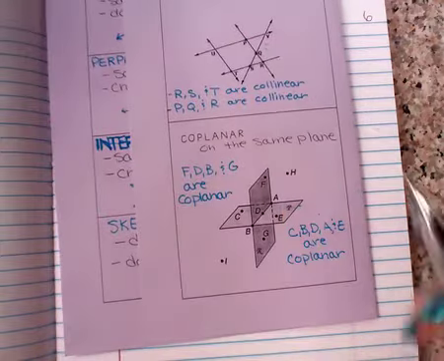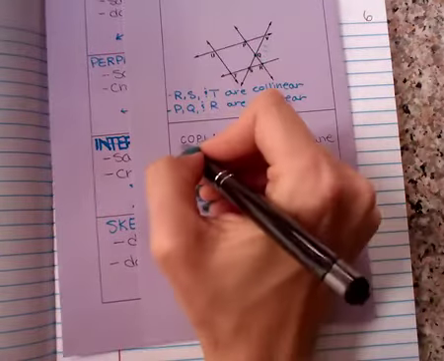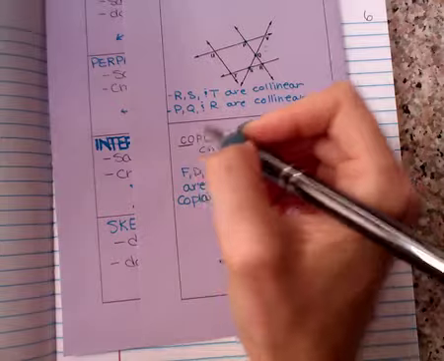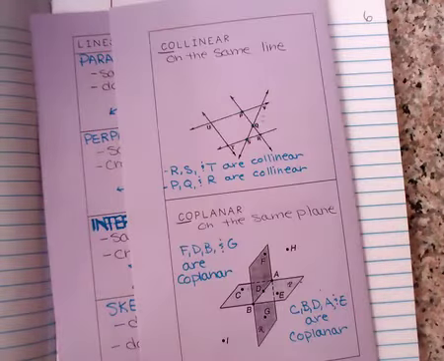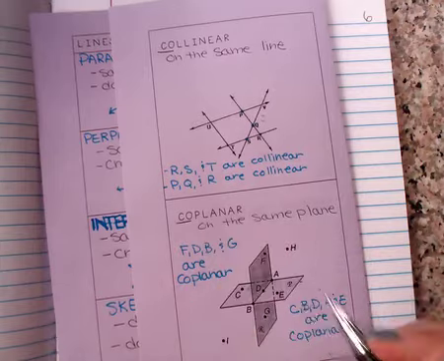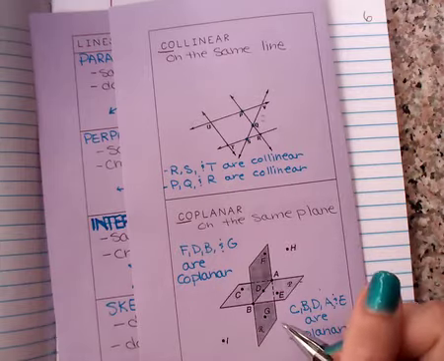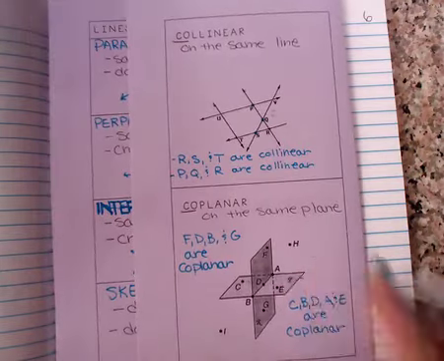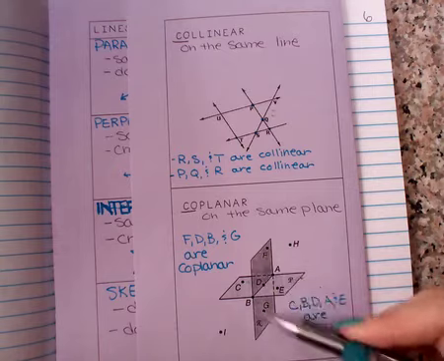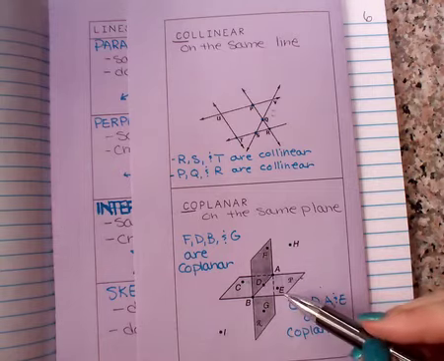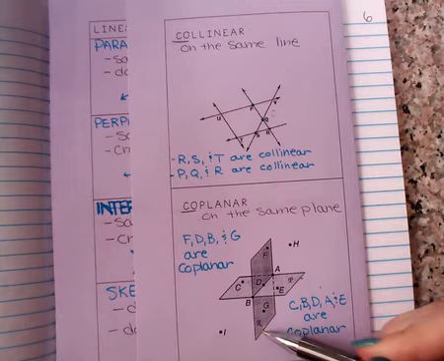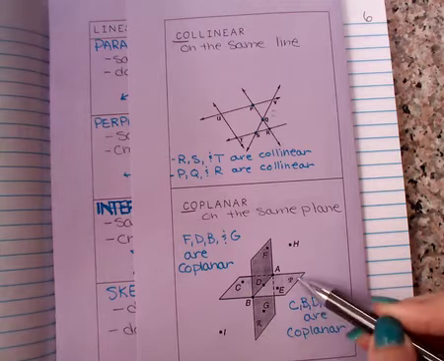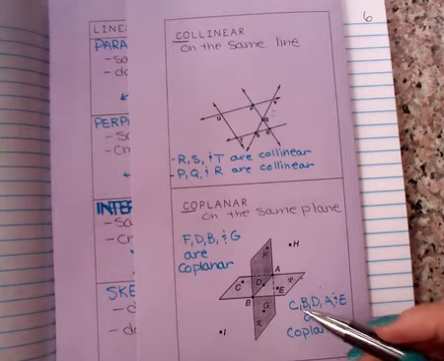Similarly, coplanar, remember that co means together. So just like up here, collinear meant the points were together on the line. Coplanar means that they are going to be together on the plane. So when we have 2 different planes, often they will be shaded. So you can see that this darkly shaded plane is all one plane, and the lightly shaded plane is a different plane.